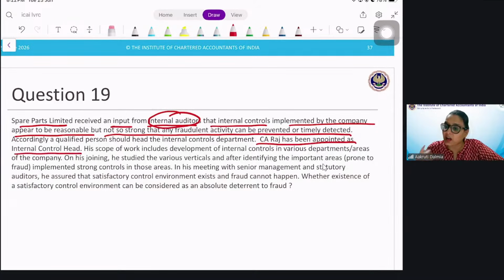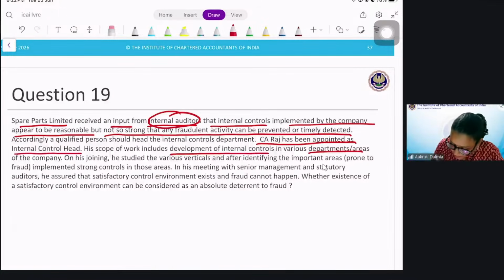So here we are statutory auditors or internal auditors? What is our role as CA Raj? Are we internal auditor or external? We are internal. His scope of work includes development of internal controls in various departments.